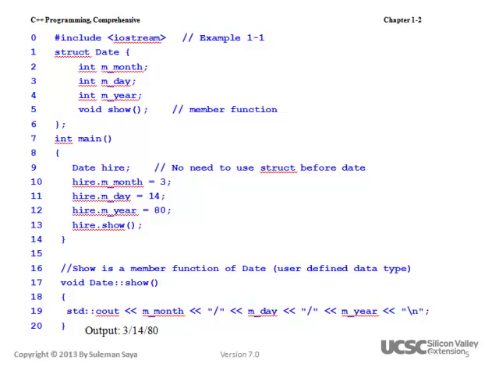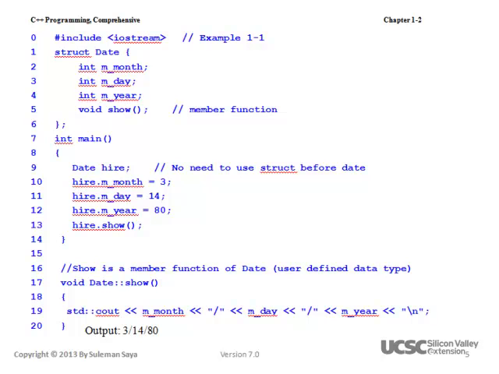It is just telling that whatever the value stored in that memory location, which is m_month, give it to the cout object, and it will print. Notice that it is all cascading.